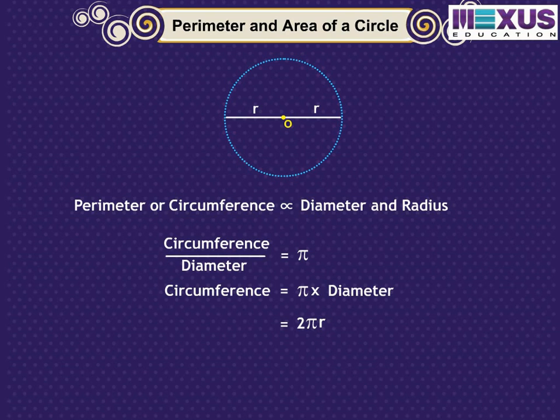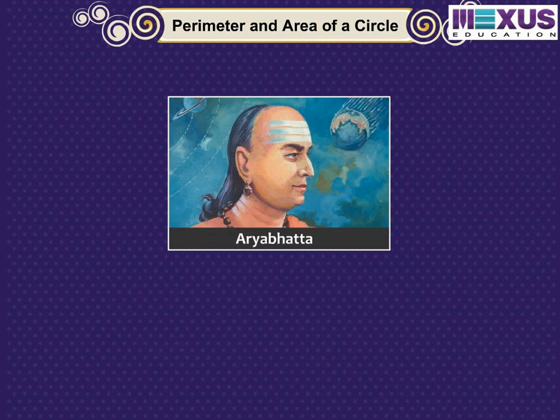If you remember, there are appropriate values for pi, and that is 3.14, and the other is 22/7. Our great Indian mathematician Aryabhata, in the century 476 to 550, had discovered and given us the appropriate value of pi, that is 3.14.